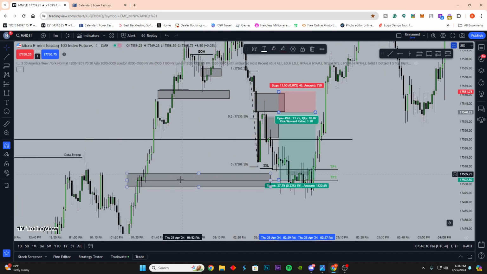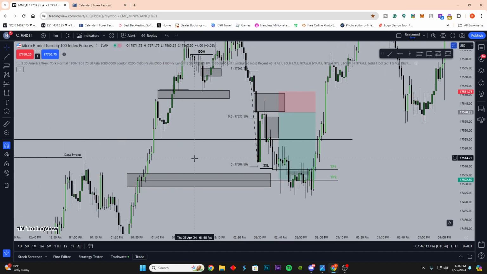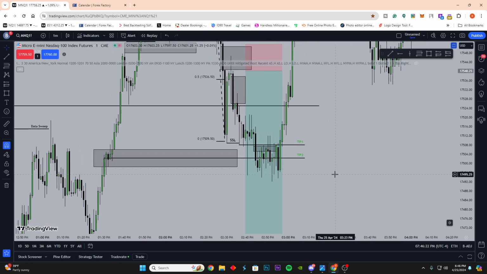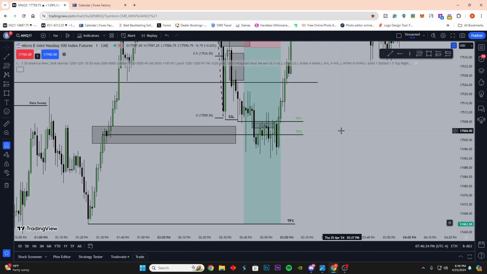And then I noticed that we had a 5 minute fair value gap right here, marked out the 50% mark of it, and wanted to see if we could go through it. Depending on the reaction coming into it, I would either take full position off here. We literally dumped right through and then bought right back up, so I was a little concerned if we were going to come back into it.